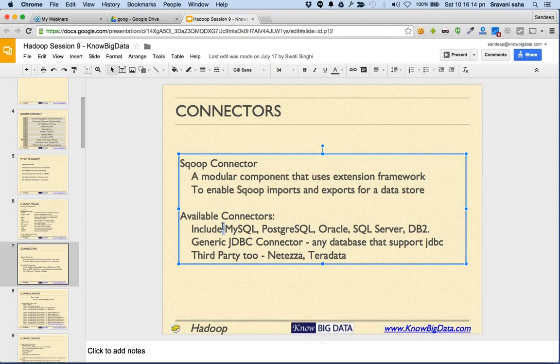There's a standard interface which is implemented by almost all the databases, which means you can connect to almost every database through Java, and hence through Sqoop you can connect to any of these databases. So almost every database is already covered, but in case you have a newer database and you want to import the data from it, you can create your own connector.